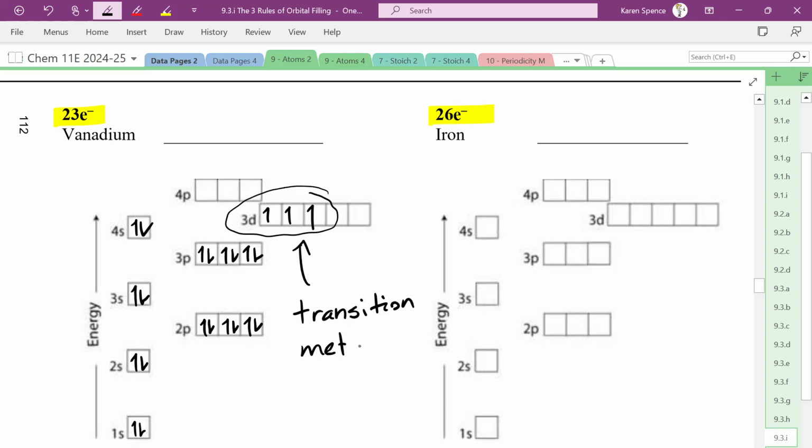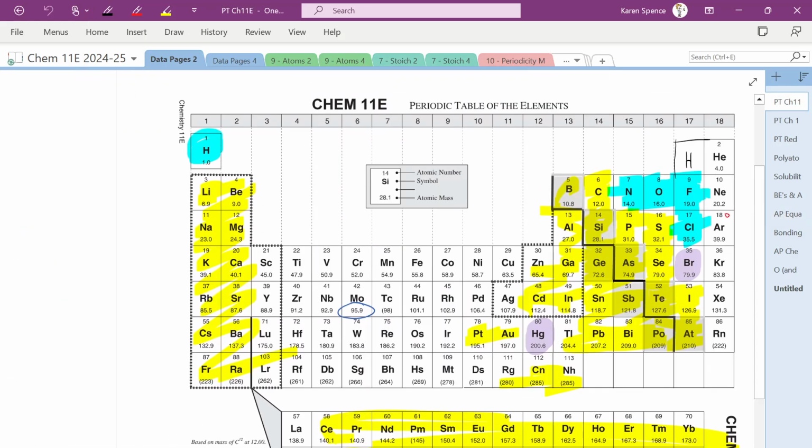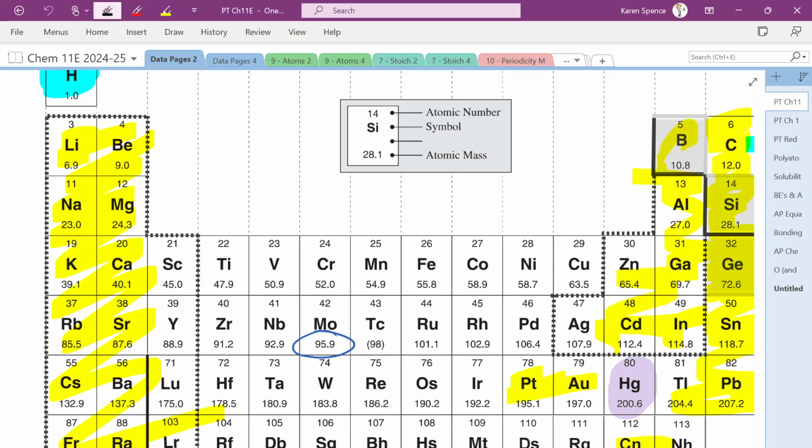And if you were counting along the groups in the transition metals, what group would it be? It would be the third one. You can look on your data pages and see that. Here we have vanadium. It's the 1, 2, 3rd transition element along in that first row of the transition metals. Okay, good.